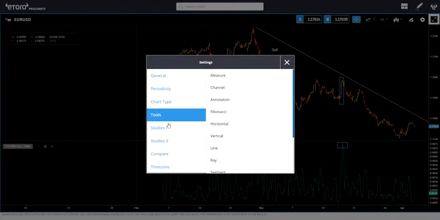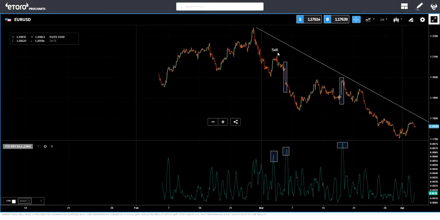Then I'm gonna add a line. So if you sell here, then you will know that after this volatile market, you will have a few days, or depending on the cycle of the asset that you're trading, of non-volatile, then another volatility will start.